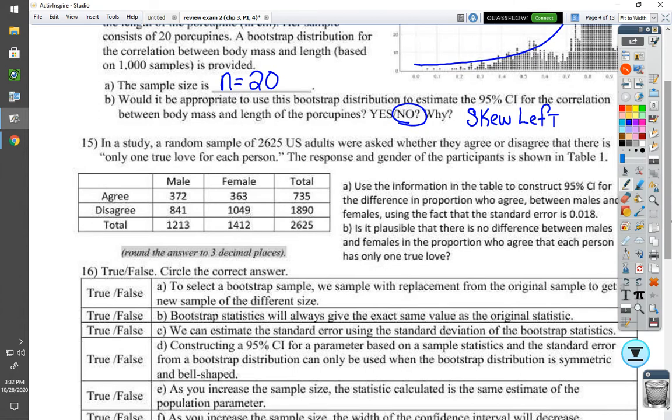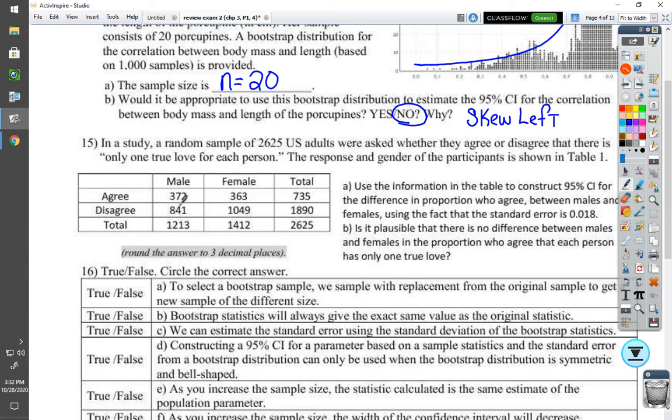In number 15, we have a couple of different questions being asked of us. Use the information in the table to construct a 95% CI for the difference in proportion of those who agree between males and females. So first of all, I have to look at the males who agree.